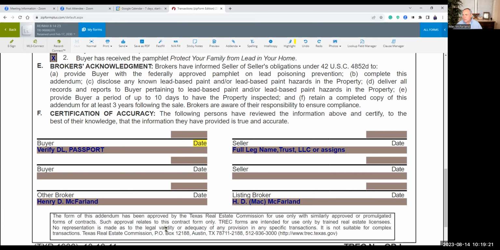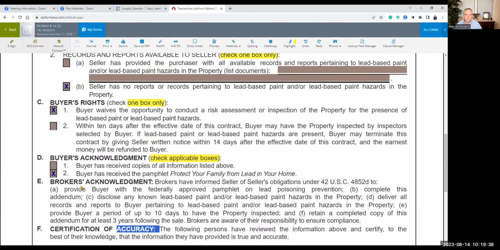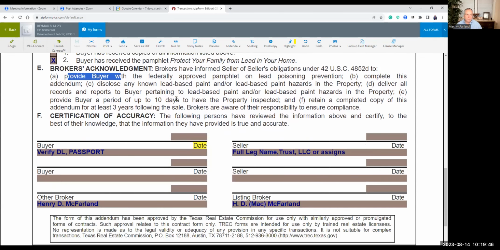Even if the buyer's a customer, we're not giving them advice and opinions, we need to sign down here at the bottom. We're verifying accuracy, that the information above took place. We provided the buyer with the pamphlet. We've done all this, even if the buyer is a customer. Everybody good there on that one?